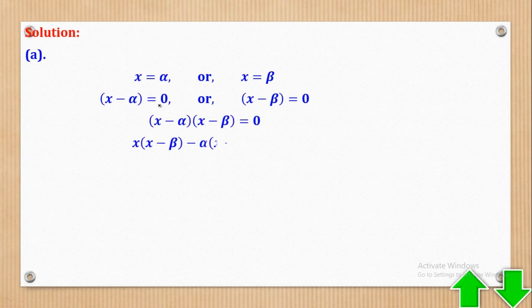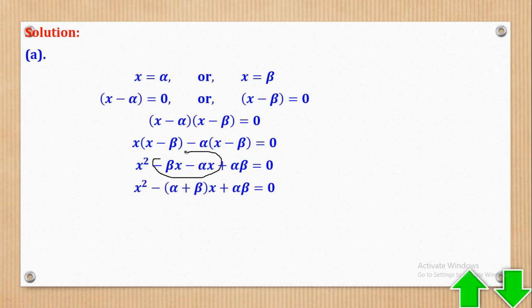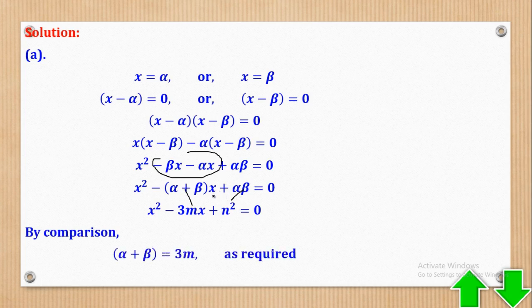Then when I expand, open brackets, I'll come up with that. Expand further, I'll come up with that. Then when I collect the like terms, this one will give me that. From there, I compare with the given equation, and realize that alpha plus beta is 3m and alpha beta is n squared. So basically that is what they wanted.